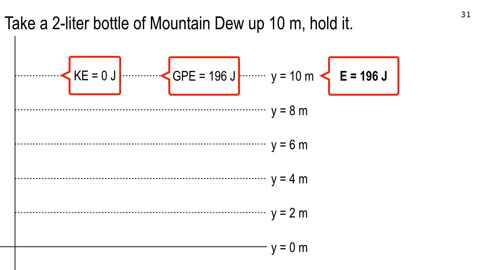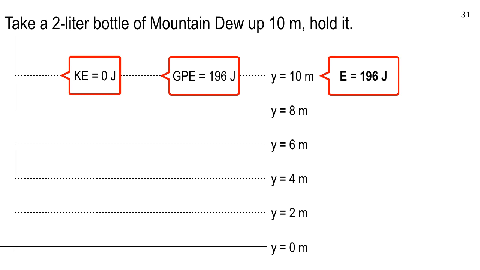The kinetic energy over here starts at zip zap because you're holding it. Then you drop it, and 2 meters down, you're going to have some kinetic energy and a little bit less potential energy. You can calculate the potential energy if you know the height and the mass every time, so you can figure out everything about this table.